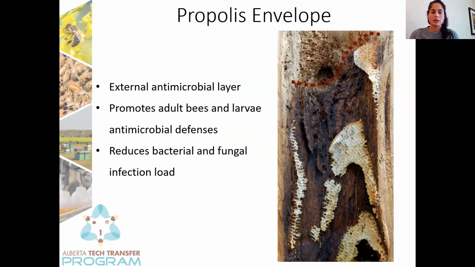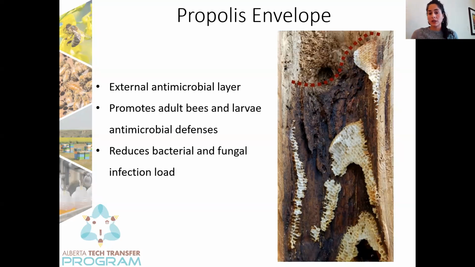This has been studied not just by myself, but by many other people, and the results are quite consistent, and we believe that the presence of propolis in the colony is very important for the colony, and is a critical structure, let's say, to have that external antimicrobial layer.